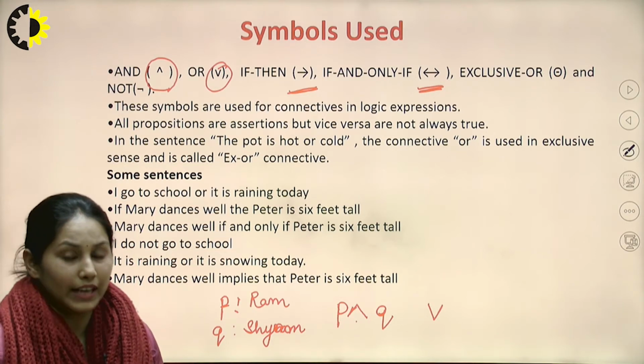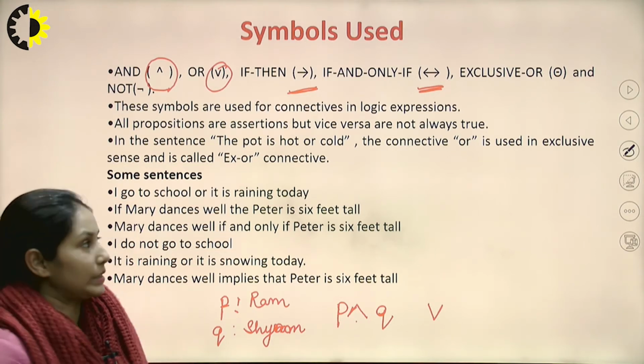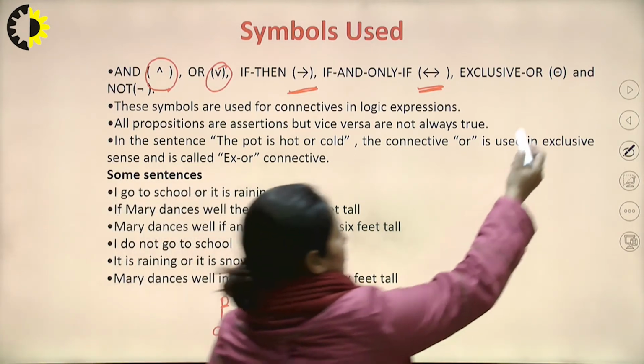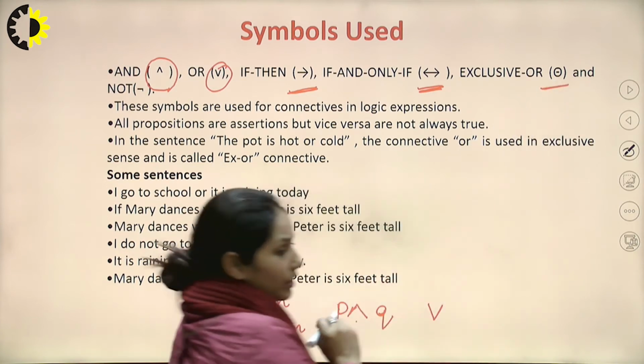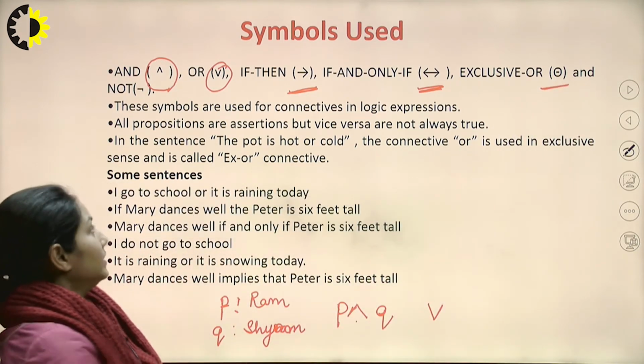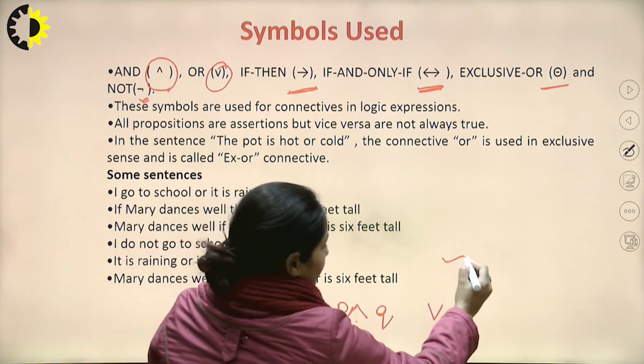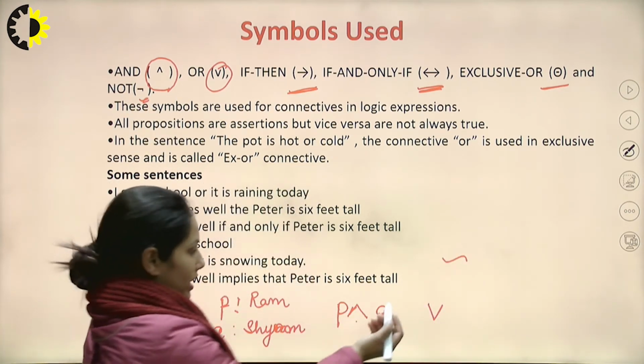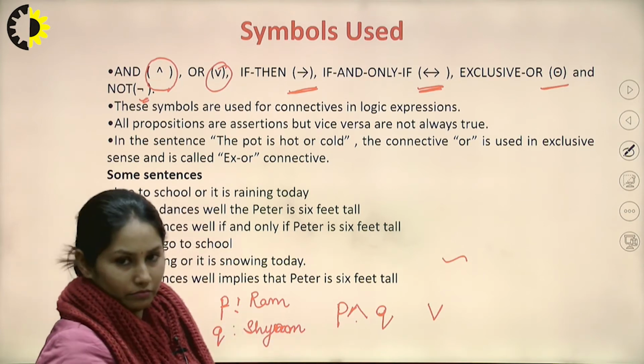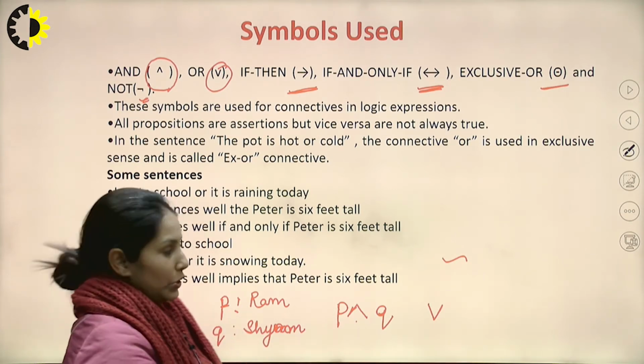If you are using exclusive or, then exclusive or will be used by this particular symbol. And this is used for not. Not can be represented by this symbol, negation, like "it is not Ram." He is not Ram.